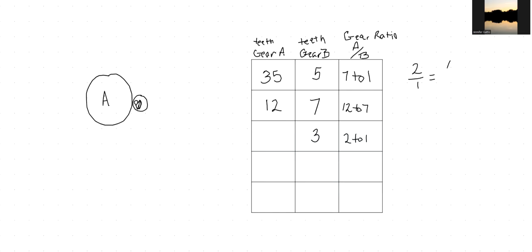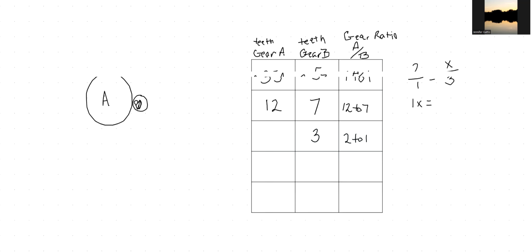And then what we want to do is cross multiply. So we multiply the 1 times x and we get 1x. And we multiply the 2 times 3 and we get 6. So that means that the number of teeth on gear A is 6.